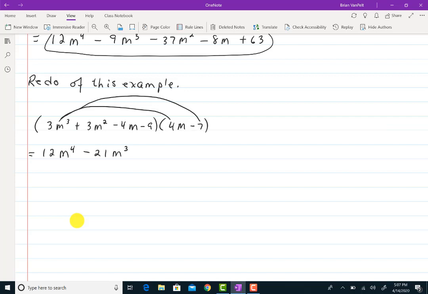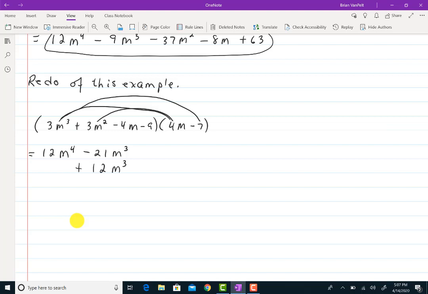Now watch what I do next. My next one, the 3m squared times the 4m, is equal to 12m cubed. I'm going to put it underneath of here. What I'm going to do is keep track of my like terms without having to do what I was doing before where I slice off a bunch of things.